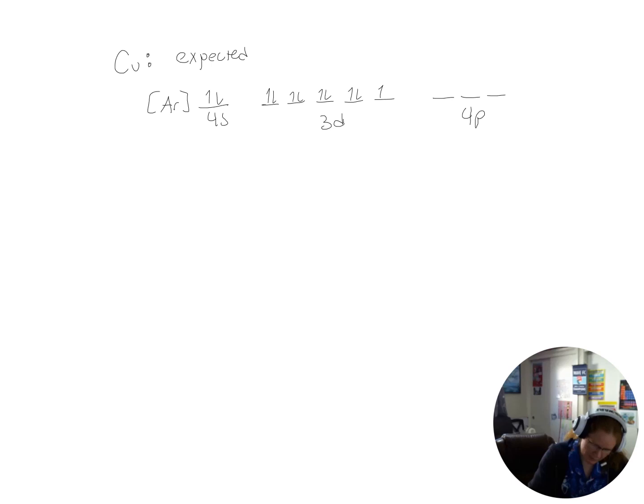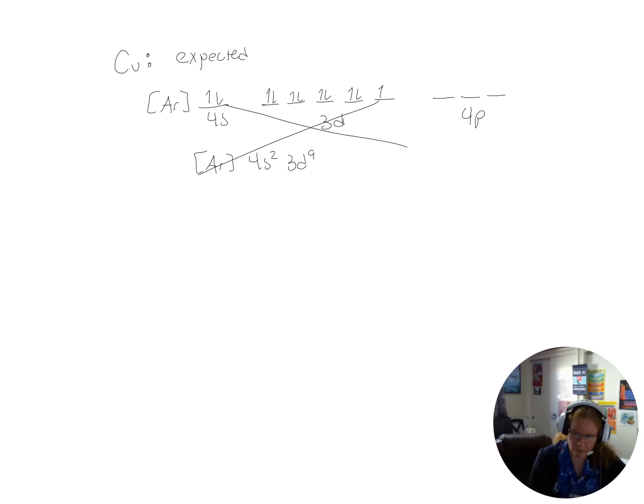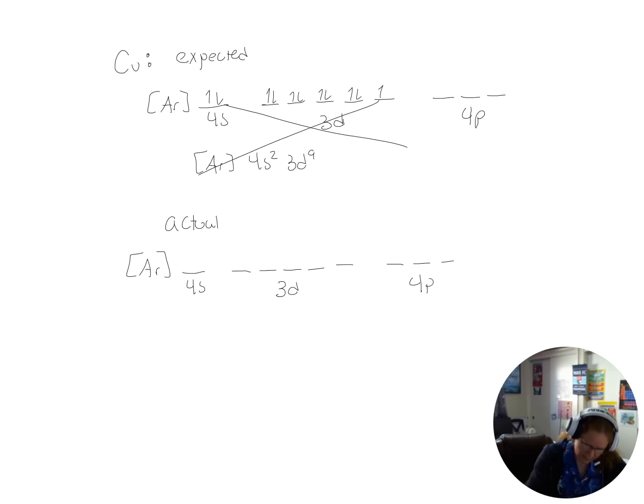So we'd expect, similar to what happens with chromium, okay, this is not what we see. The actual is that it is more energetically favorable to have an unpaired 4s electron than to have that unpaired 3d electron. So this is what we see.